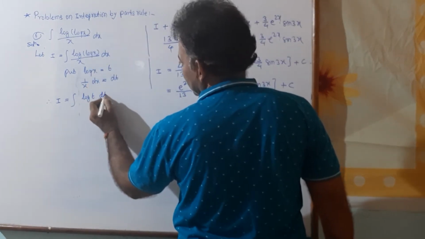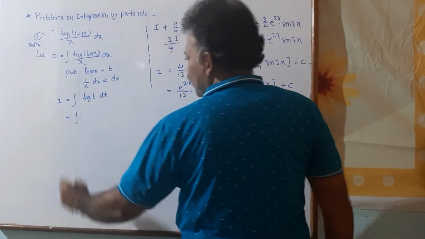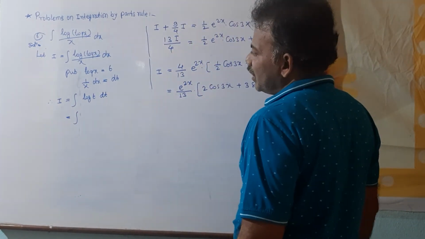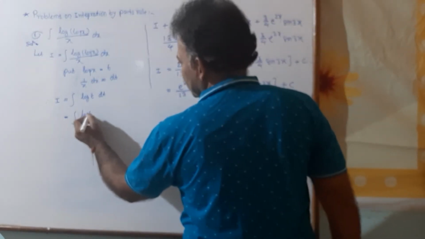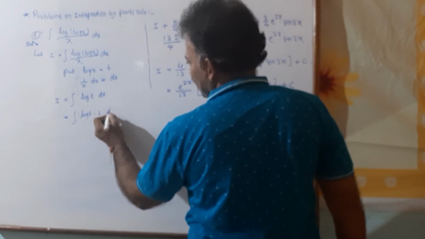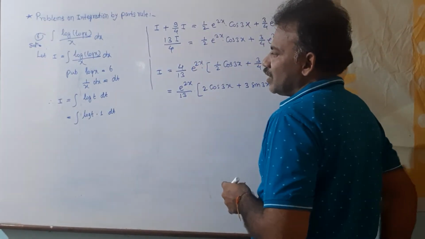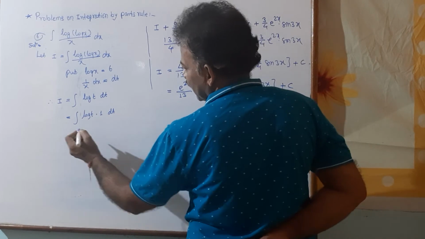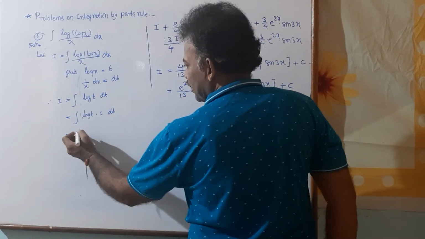Note that whenever a single logarithmic function is given, in such a case we take the second function as 1 and apply the integration by parts rule.